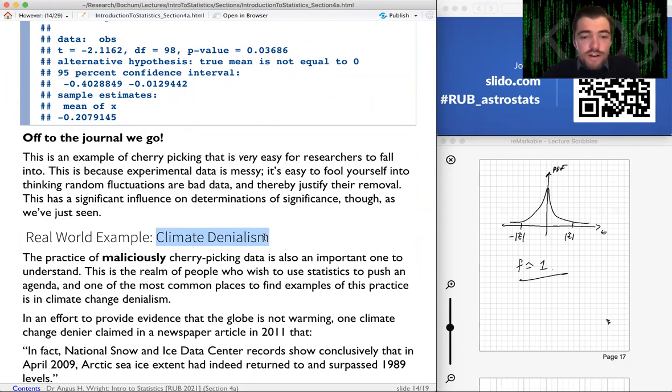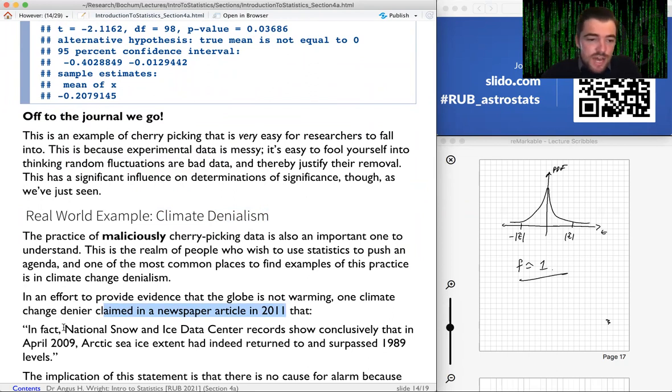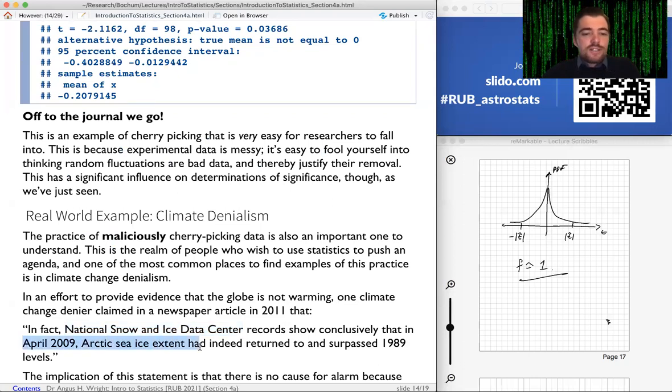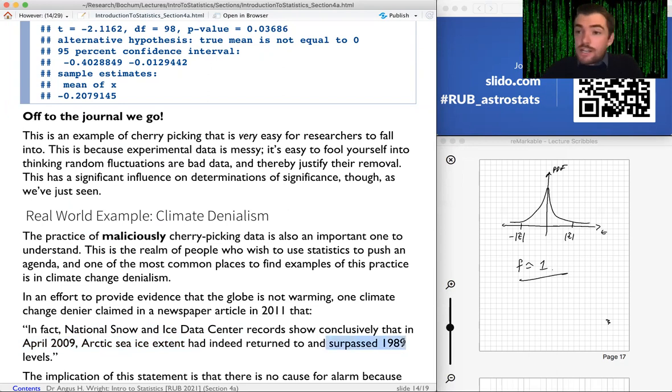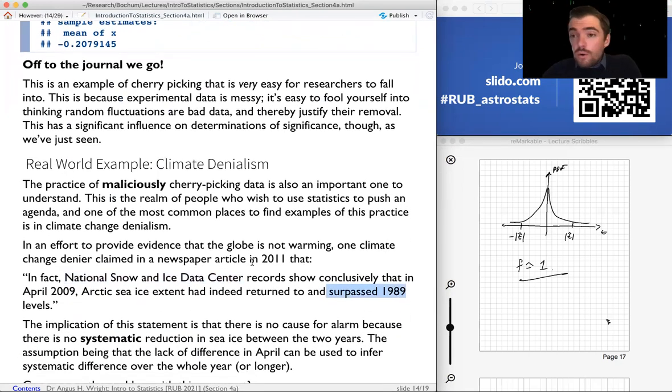And there's a very, very easy demonstration of this in a newspaper article in 2011, which claimed that the National Snow and Ice Data Center records show conclusively that in April of 2009, Arctic sea ice extent had returned to and surpassed the levels of 1989. Now the implication of that statement is that there's no cause for alarm.